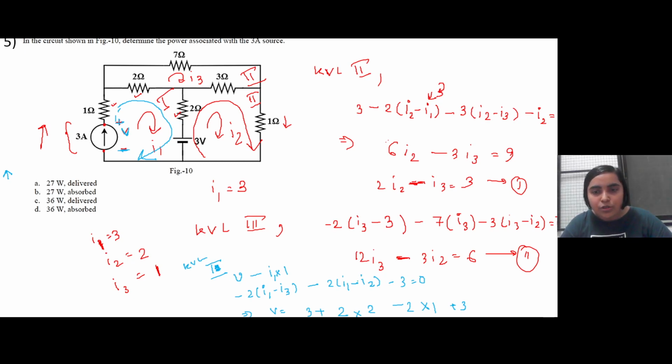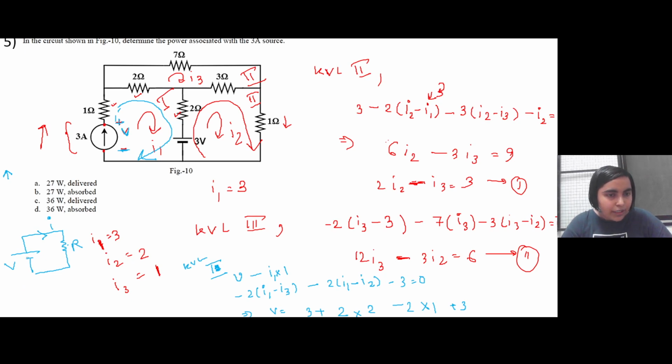If you are entering the positive terminal and you take a plus 3 voltage, then for this particular V you have to take minus V, and along the direction of current it will be positive. Let me just give you an example. Let us assume this is a voltage V, this is a resistance R, and a current I is flowing through it. Just apply KVL across it.